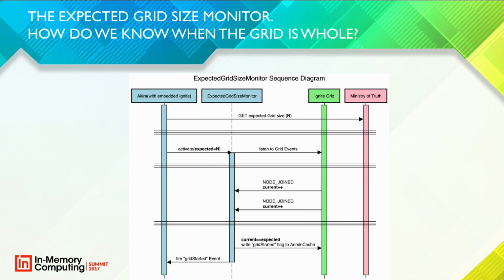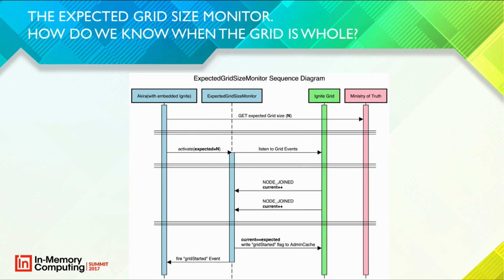And so how that works is we have Akira, and at some point when it's starting up, it asks this thing that's called the Ministry of Truth, which is something that we wrote that is a part of that Multipaths thing I talked to you about. Because in all of these systems, there's two concepts of truth.